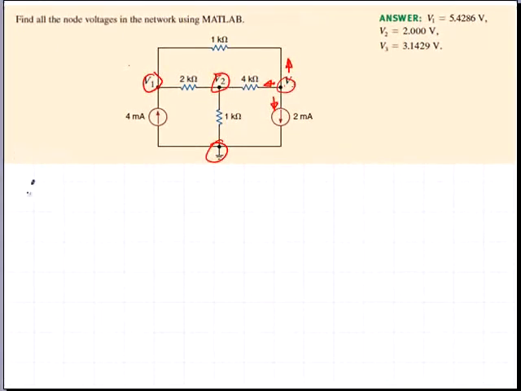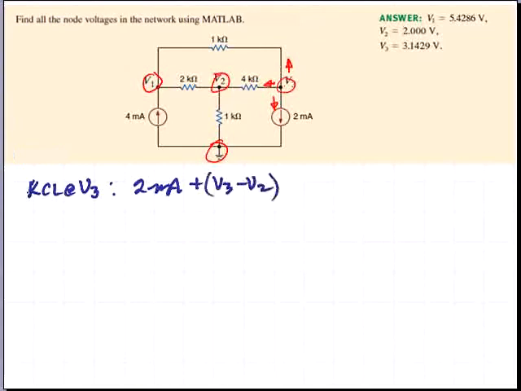Continuing, we'll write the third KCL equation at the node V3. So we'll have the current source 2 milliamps plus (V3 minus V2) divided by 4K plus (V3 minus V1) divided by 1K is equal to 0.